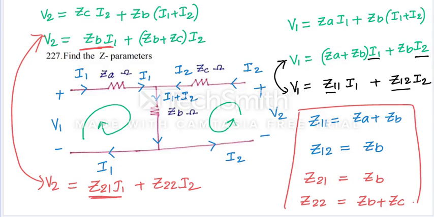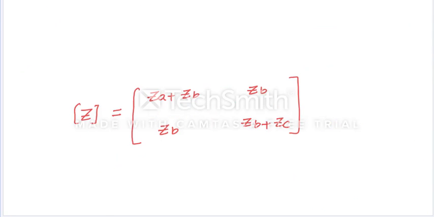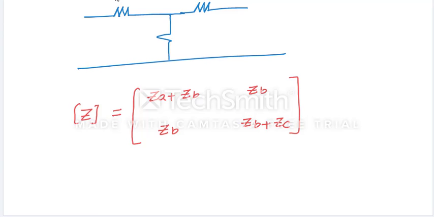Now, look at this network carefully. They have given this as ZA, this as ZB, and this as ZC, isn't it?